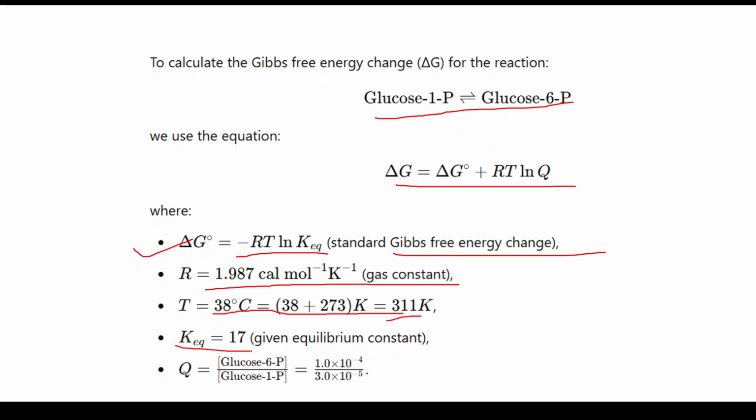Keq is 17, it is given in the question. And what is Q? Glucose 6P divided by glucose 1P, that is, product divided by reactants.